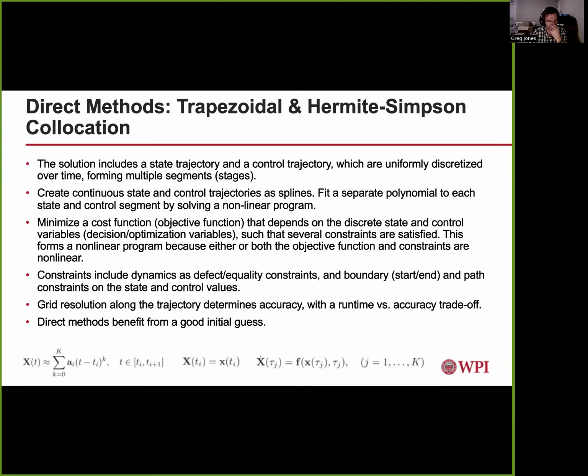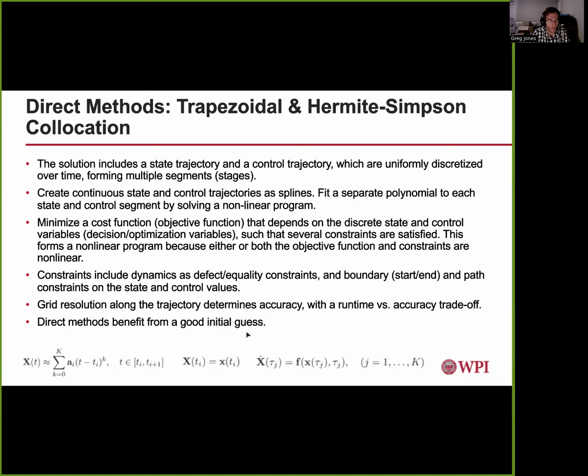So the constraints include the dynamics of motion, the boundary conditions applied to the start and end states, and then path constraints, so just bounds on the state and control over the entire motion.